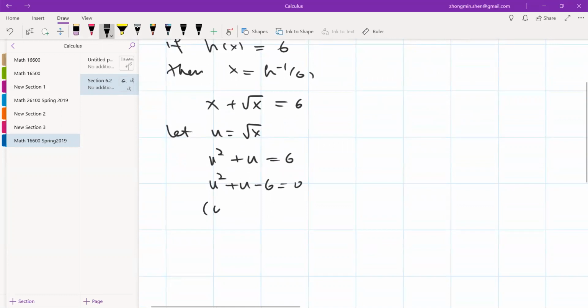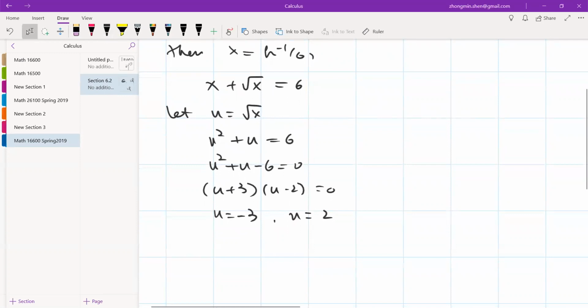I think you can factor it: u plus 3 times u minus 2 equals 0. You get two solutions, but the first one is not going to be a solution. Why? Since u is the square root of x, u is never negative, it's always greater than or equal to 0. So u is going to be 2.